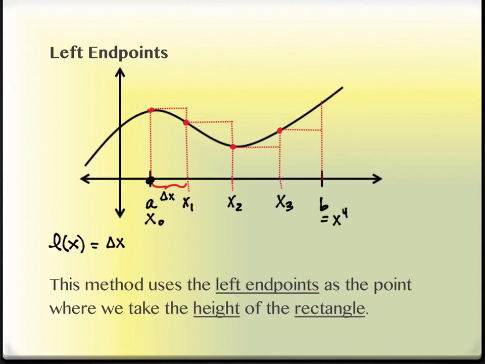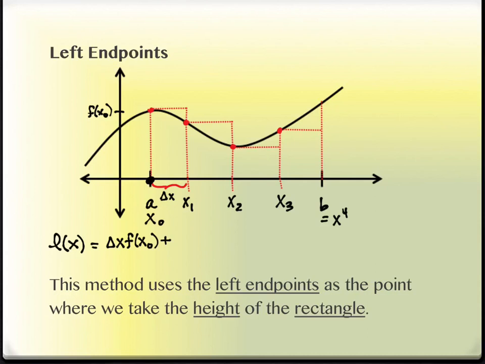The height is this first y value at x0. We have notation for that. It's called f of x0. So the height is the y value, so we're multiplying the width delta x times f of x0.